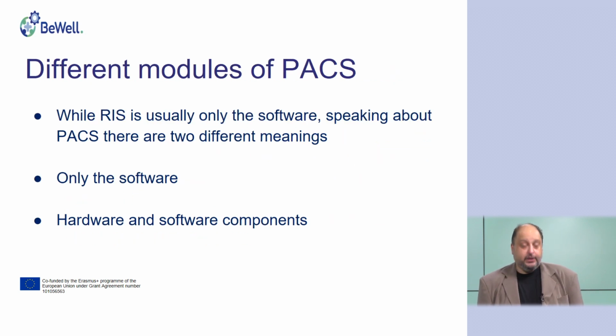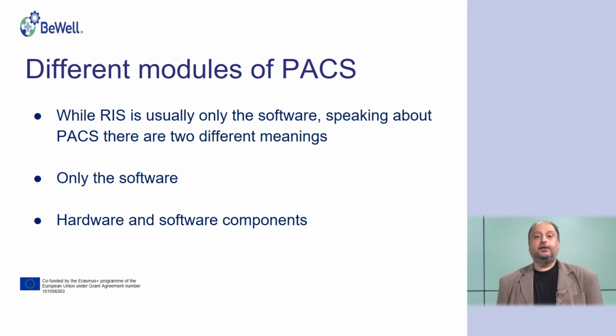So what about the modules of the radiology information system and the picture archiving and communication system? The RIS usually is only software, and with the PACS it is complicated. In most cases, the PACS is considered only software, or software plus some hardware, and sometimes it is considered the complete hardware and software components.